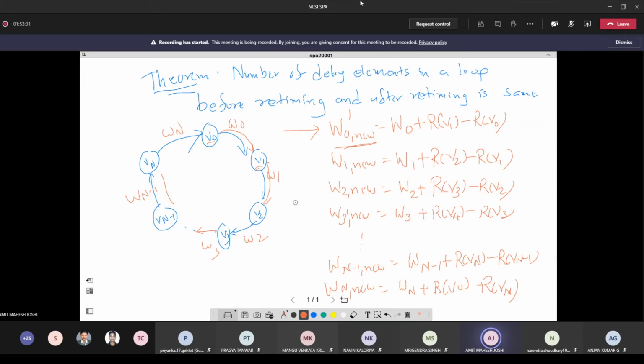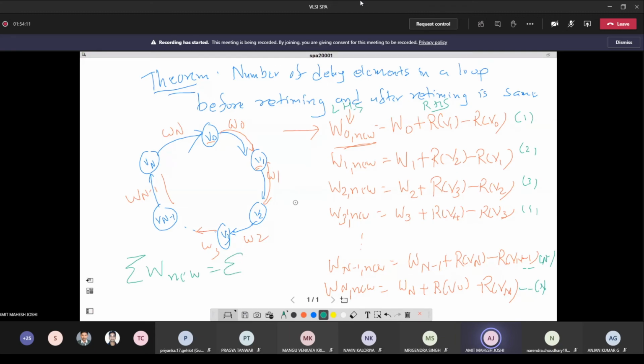Now, this is my left hand side and this is my right hand side. Let's say I am considering some finite number of equations, 1, 2, 3, 4, up to n. So add all n equations, left hand side and right hand side. That means sigma of W new and sigma of the right side.